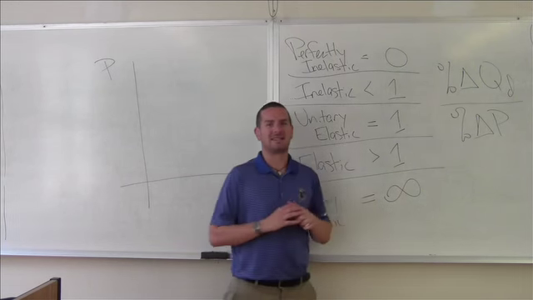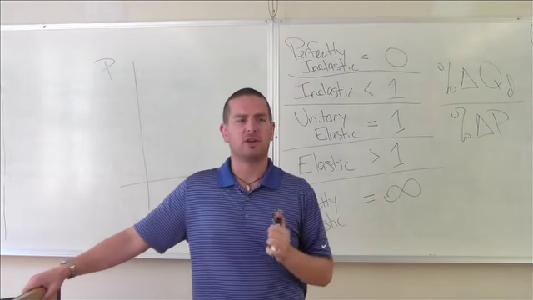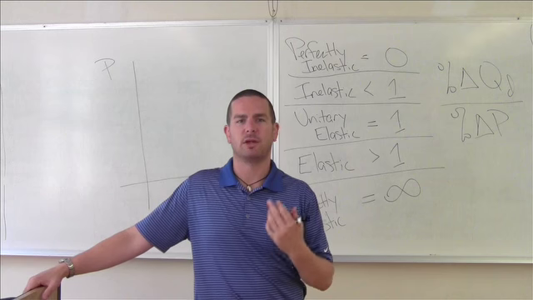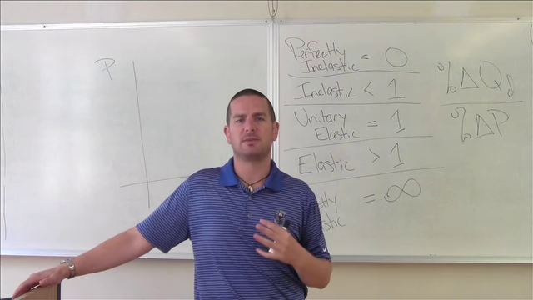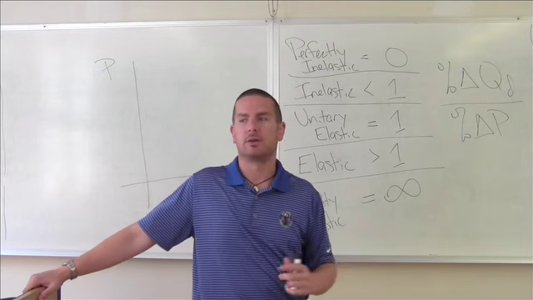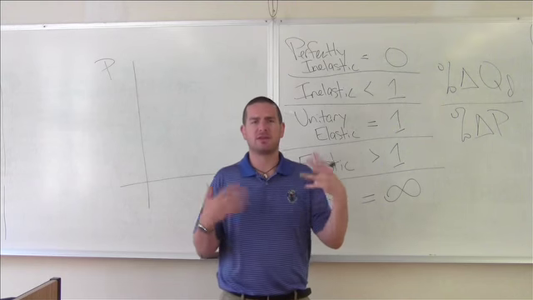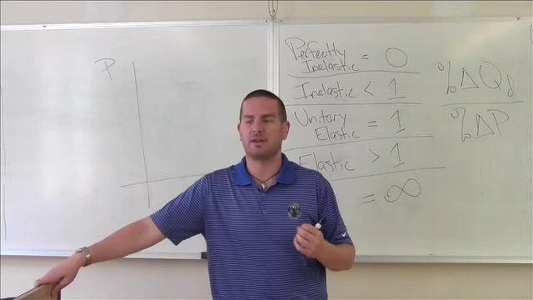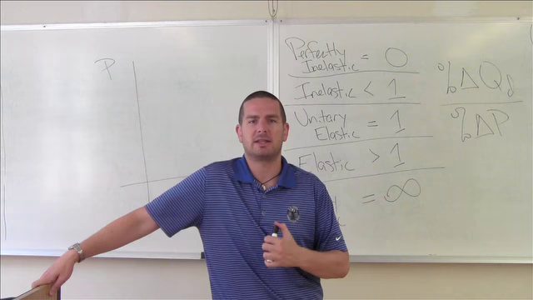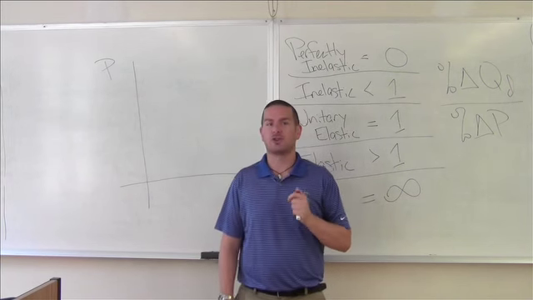With an elastic demand curve, we're talking about products that are sort of luxuries, if you will, or things you don't always buy. Let's say going out to dinner, or bananas. If the price of bananas goes down, ooh, I'll get bananas instead of apples or strawberries, something like that. Air travel, right?